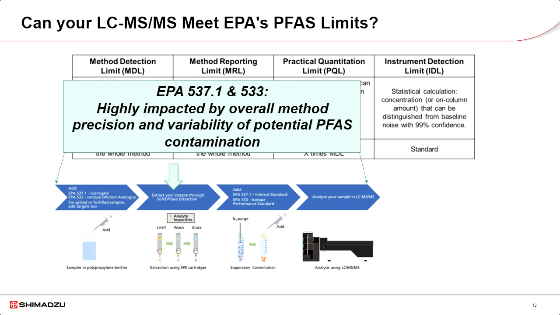Let's go back to the question. Can your LC-MS meet EPA's PFAS limits? When we are running EPA 537.1 and 533, MDL, MRL, and PQL are going to be impacted by all the steps that are summarized in the diagram on the screen.